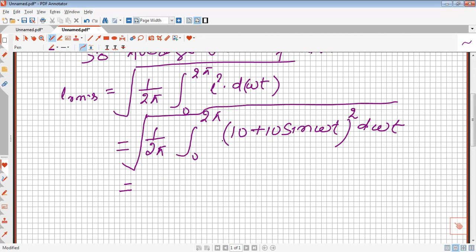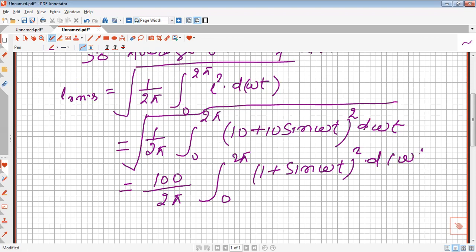We can take 10 outside, and taking 10 outside means 10 square will come outside. So it will be 100 divided by 2 pi, integration 0 to 2 pi, 1 plus sine omega t whole square, d omega t.